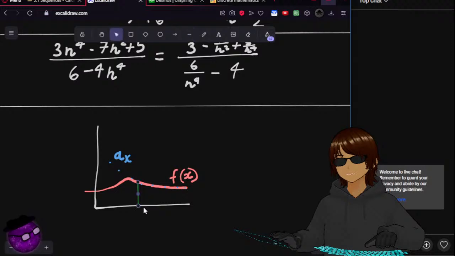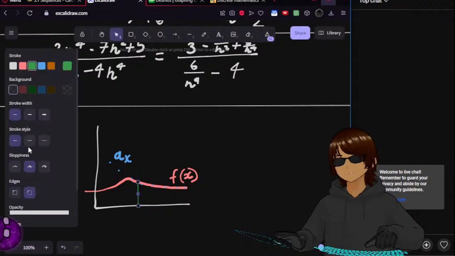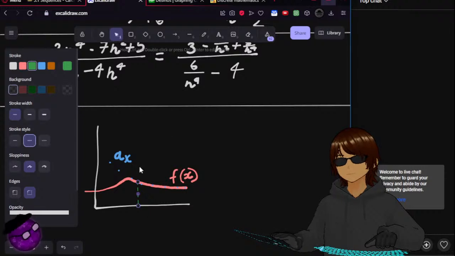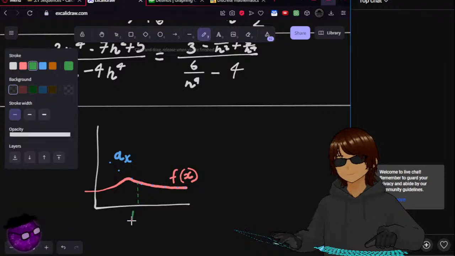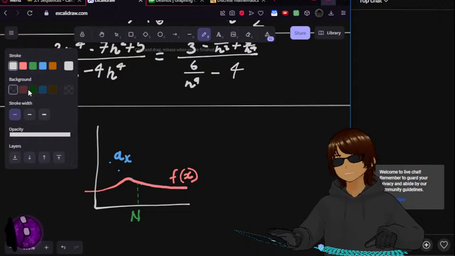There's a value capital N such that for all the values after this capital N, f is defined for the sequence values. That's what it's saying.